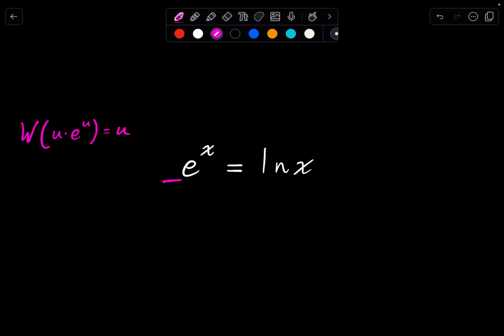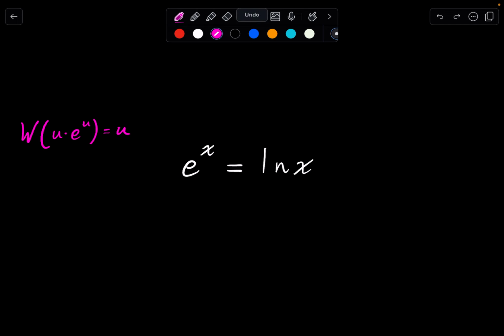So we just need something here that matches this, and we need an e to this. So I'll call this u, then we need u here, right? So to apply the Lambert W function, as I said earlier, we need to have something here that matches.